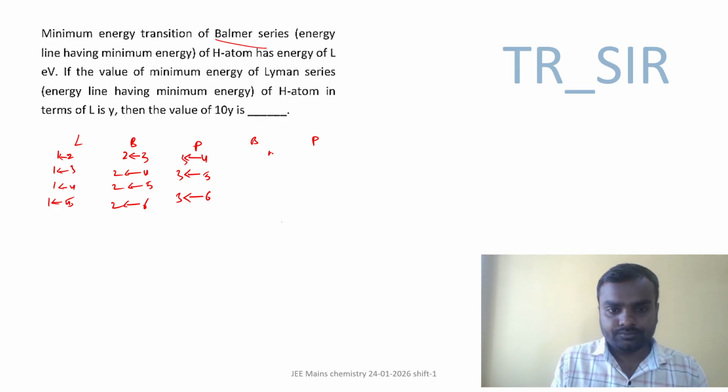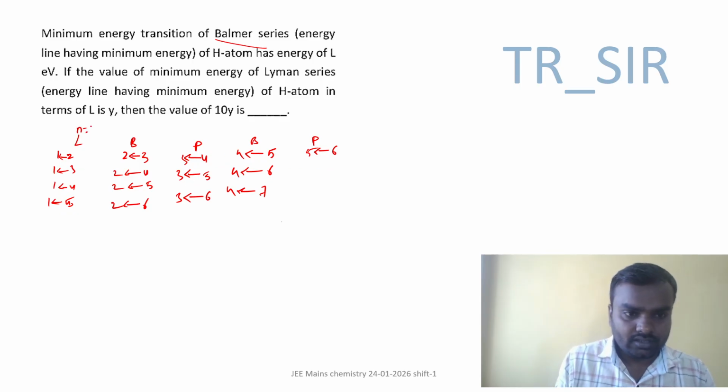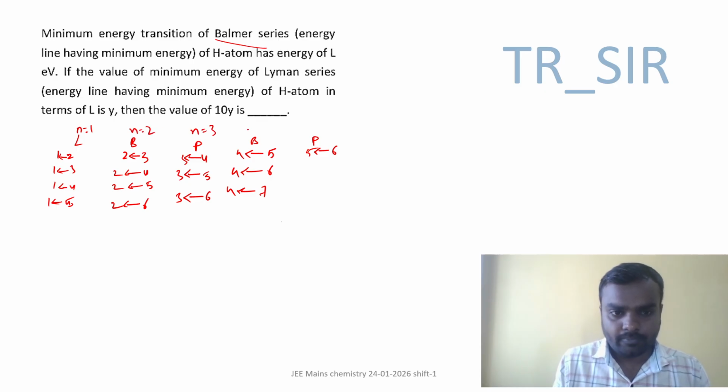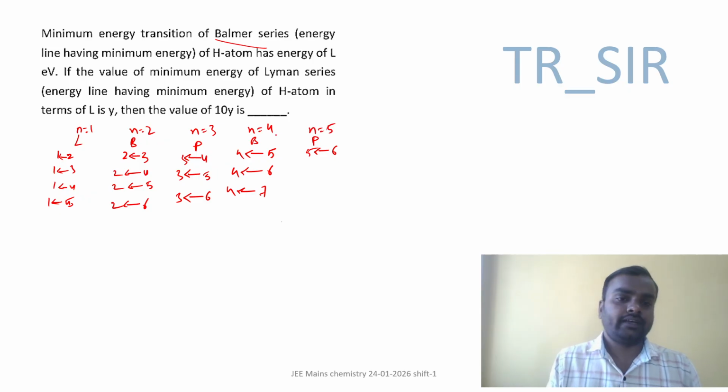Brackett: 5 to 4, 6 to 4, 7 to 4. Pfund: here 6 to 5. That means the ground state for this is 1, for this is 2, for this is 3, for this is 4, and for this is 5.